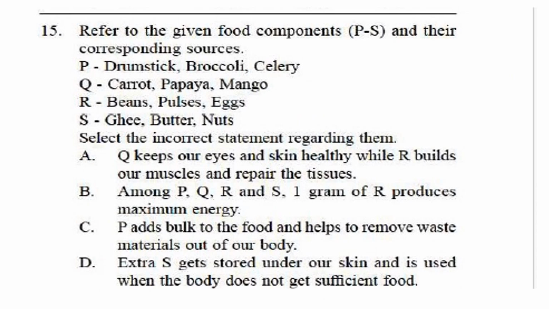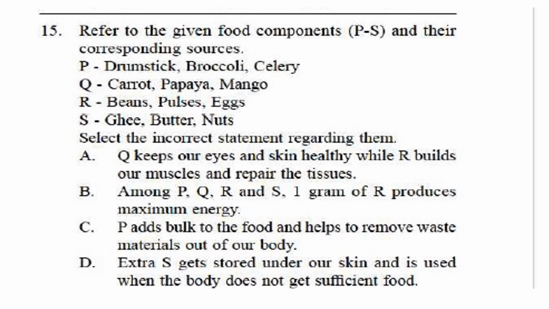Question number 15. Refer to the given food components P to S and their corresponding sources. P. Drumstick, broccoli, celery. Q. Carrot, papaya, mango. R. Beans, pulses, eggs. S. Ghee, butter, nuts. Select the incorrect statement regarding them.